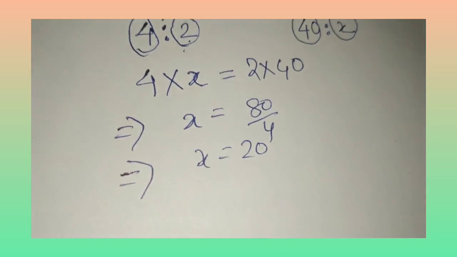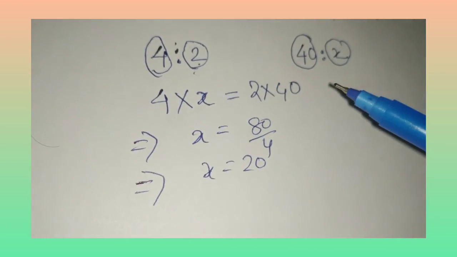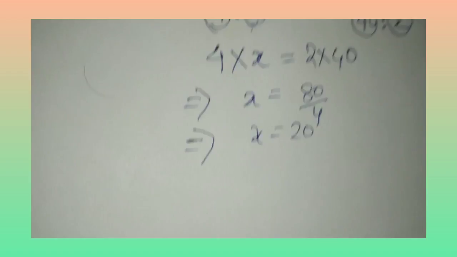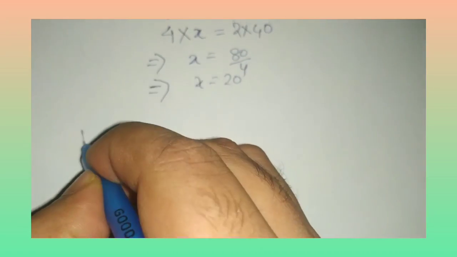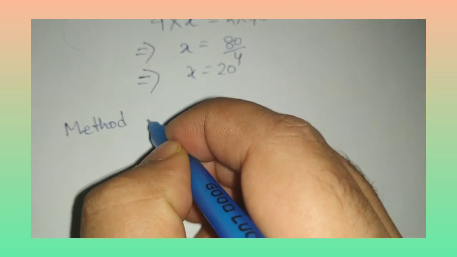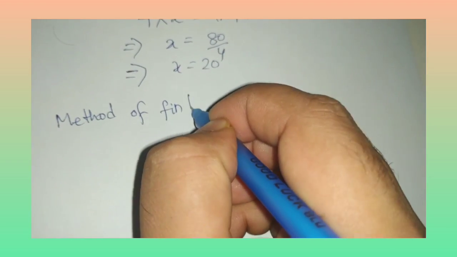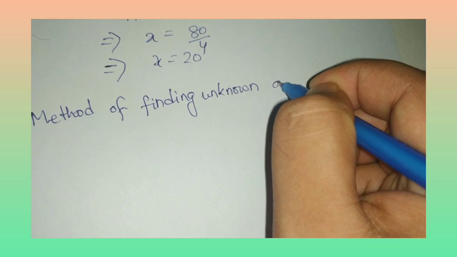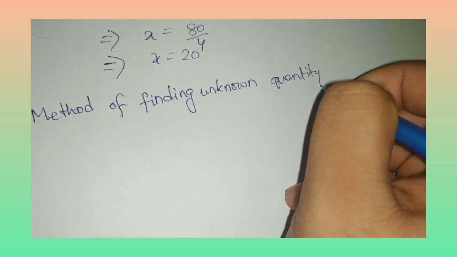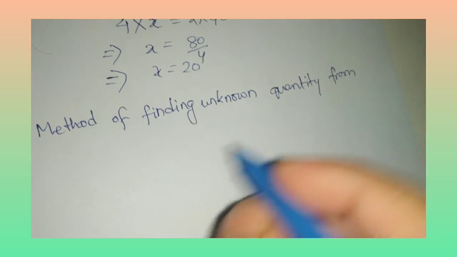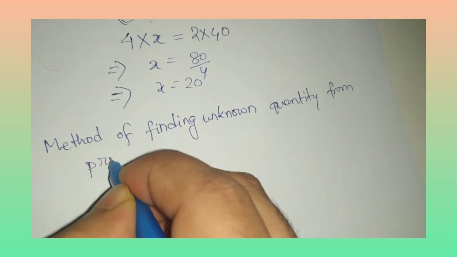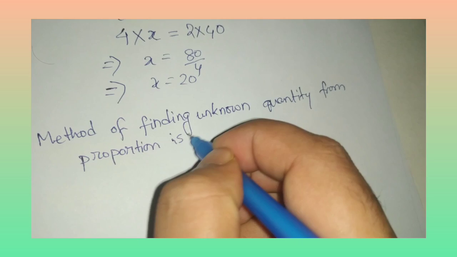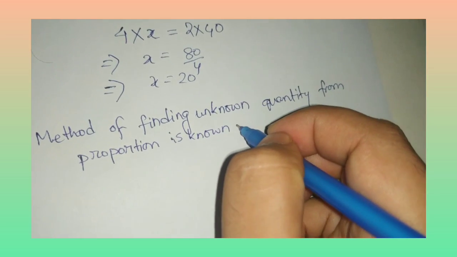This method of finding the unknown quantity from proportion is known as the rule of 3.